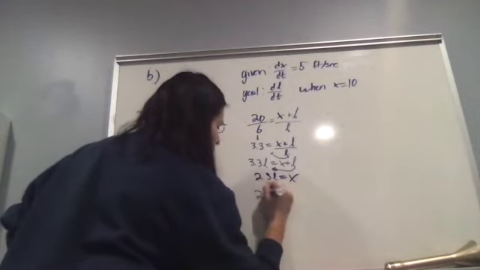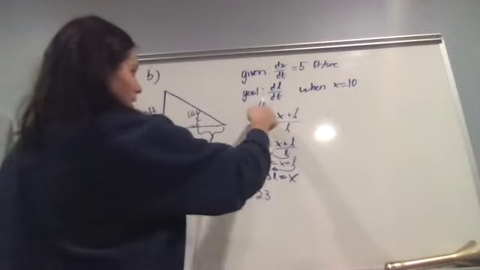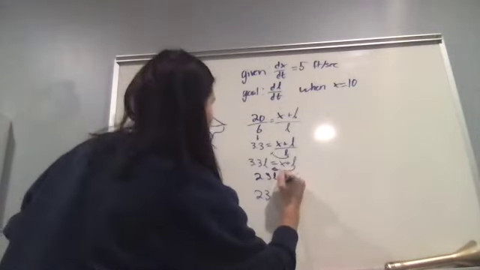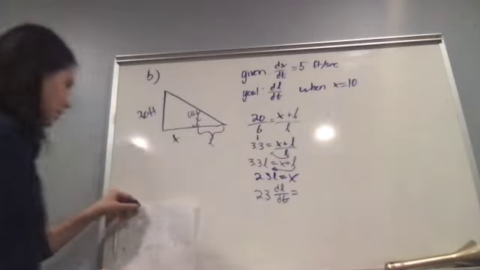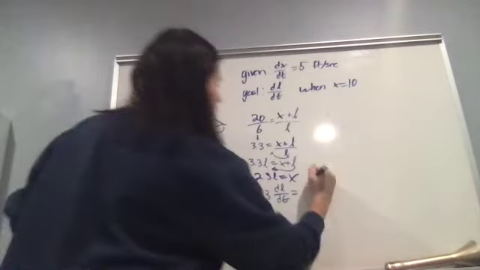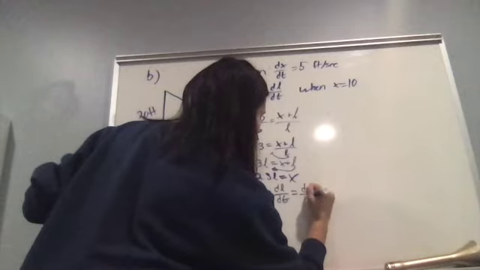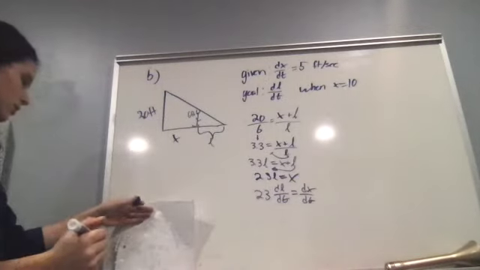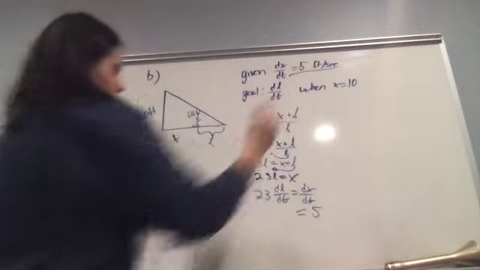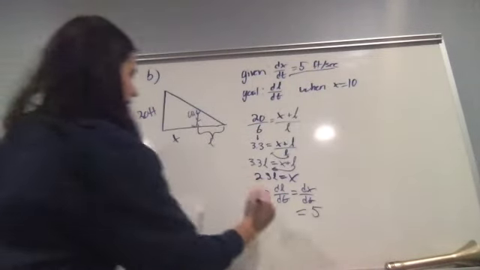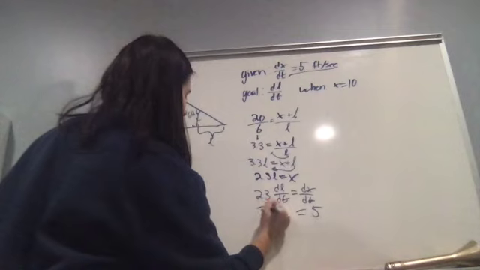So the 2.3 stays on the outside, and it's going to be what our goal was to find, which is dl over dt. And we can take the derivative of our x, which is going to be dx over dt. From here, we can set it equal to 5, which we already know, and then divide each side by 2.3.